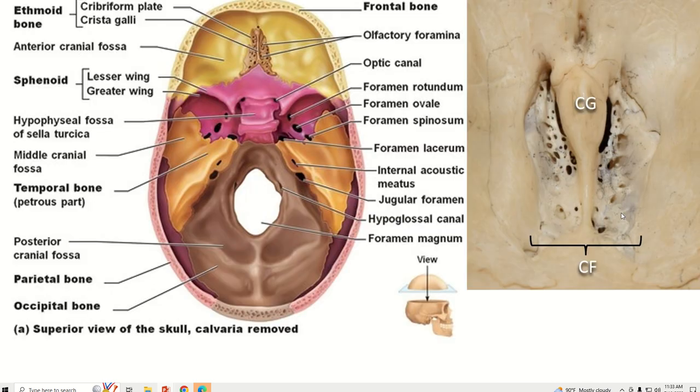This is the cribriform plate of the ethmoid. Through this tiny opening, the olfactory nerve passes. This is the anterior cranial fossa. It is formed by the orbital plate of the frontal bone, the cribriform plate of the ethmoid, and the lesser wing of the sphenoid. And here, the olfactory bulb, tract and stria are present.